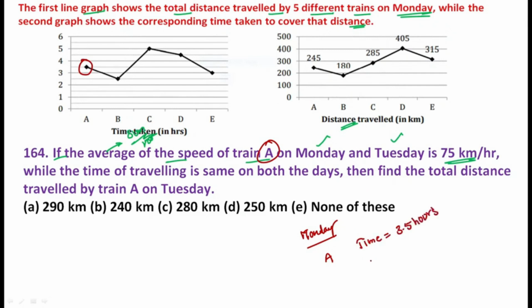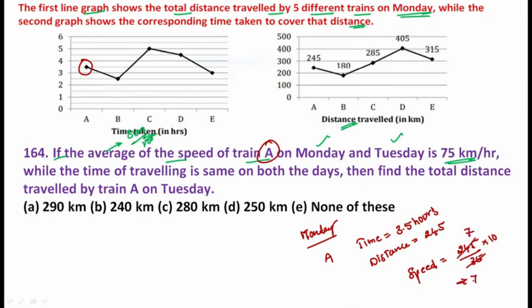Now the distance traveled by train A is exactly 245. The respective speed is 245 divided by 3.5, which is 2450 by 35, guys. So just go through the calculation. 35 ones are 35, 35 sevens are 245.